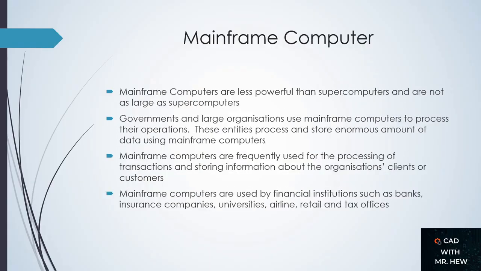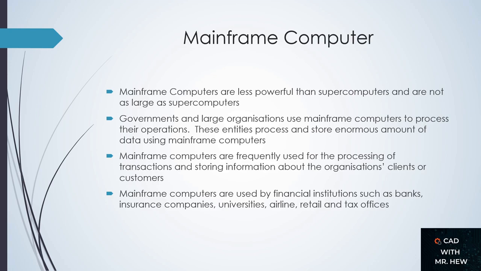We are now looking at the mainframe computer. Mainframe computers are less powerful than supercomputers and are not as large as supercomputers. Governments and large organizations use mainframe computers to process their operations.